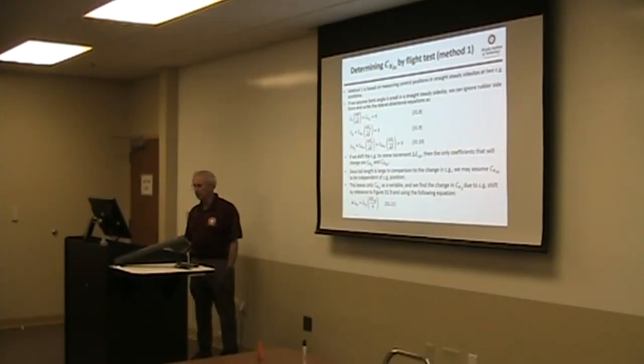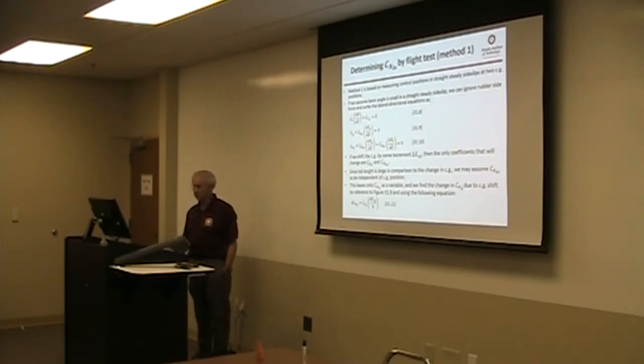That's data you have. And then the directional control coefficient, Cn beta, plus Cn delta A, so directional, the coefficient with aileron deflection, times the change in aileron deflection with side slip, plus Cn delta R times delta R with beta.